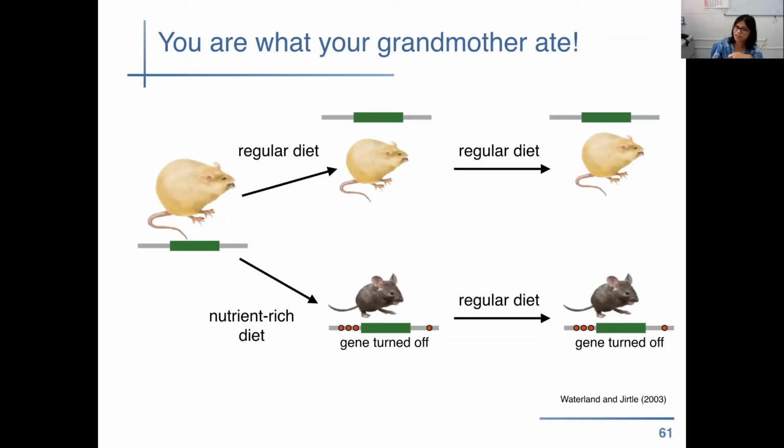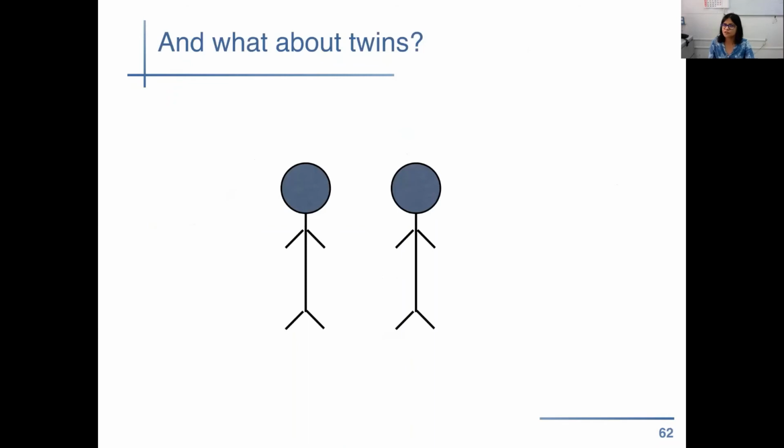So these are marks that are determined in the womb. But what does that mean for twins? Because they have the same DNA and they share the womb, so they presumably have the same marks. It turns out that these marks can be added and removed based on environmental cues.